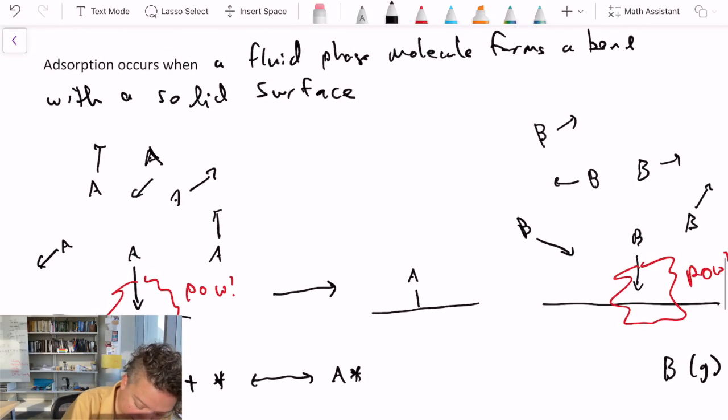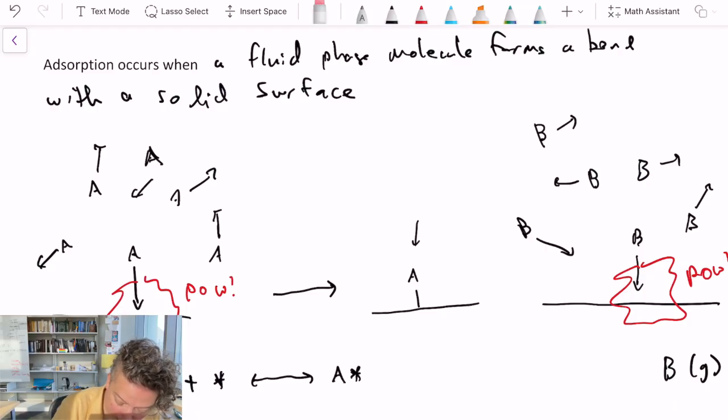So all of these molecules here, these are my A gas. In the catalyst, there are sites I haven't drawn in detail, but there are sites on that catalyst surface, and this species here is my A star.